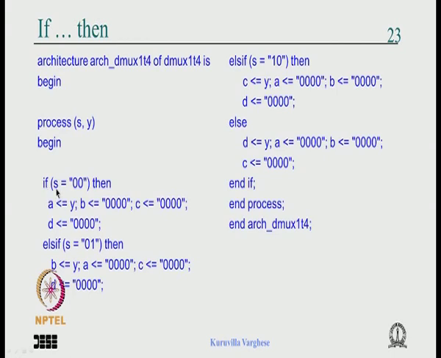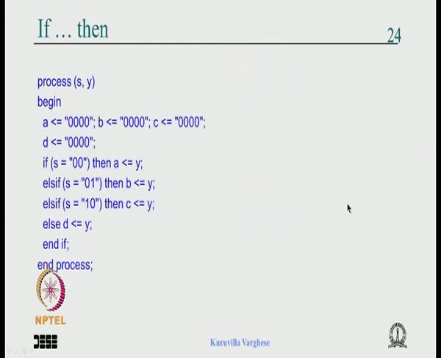So you say if S is 0 0 then A gets Y, all others get 0, else if S is 0 1 then B gets Y, everything else gets 0, else if S is 1 0 then C gets Y, everything else gets 0, else D gets Y, and this else will capture everything else and there should not be an issue.